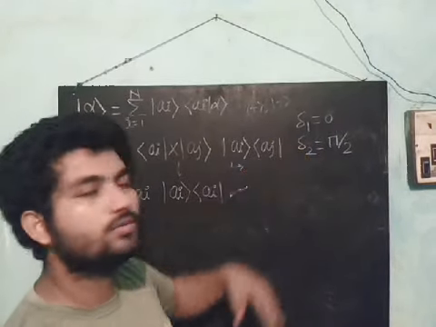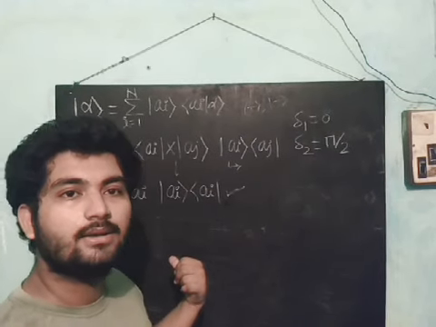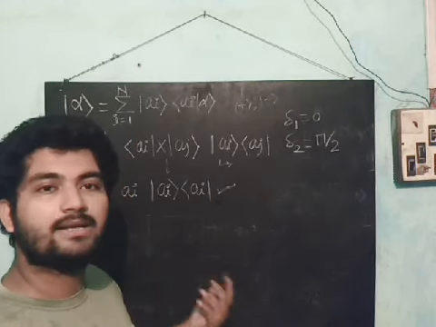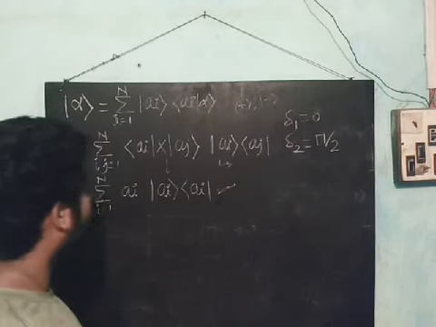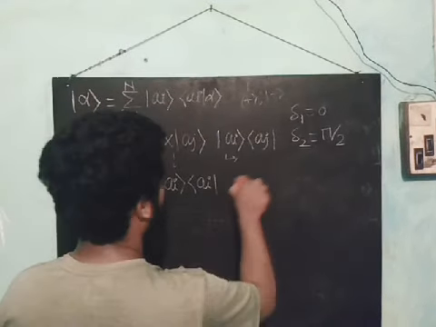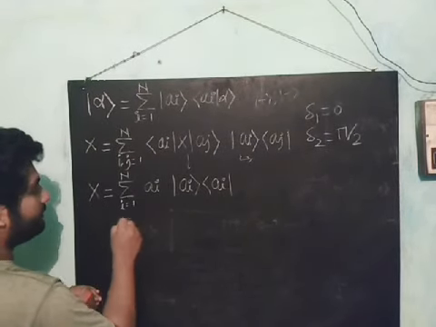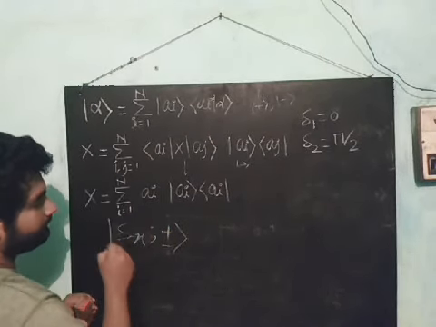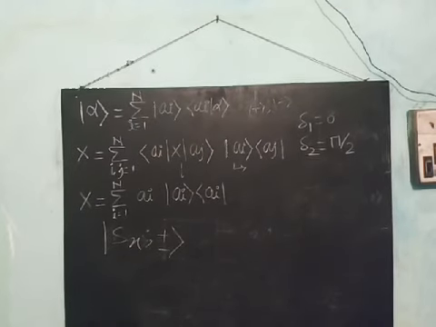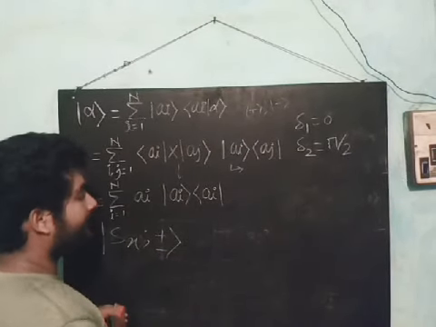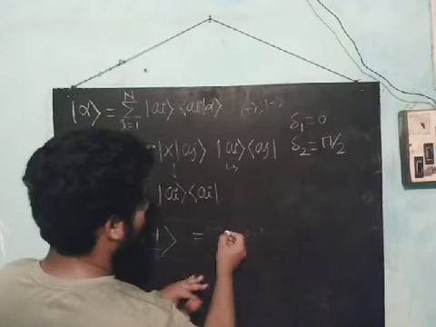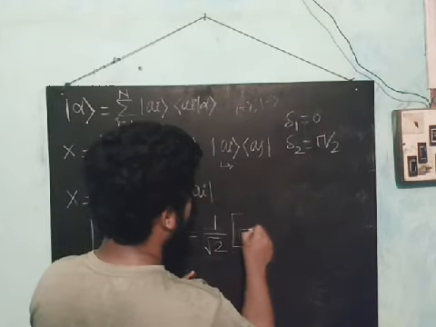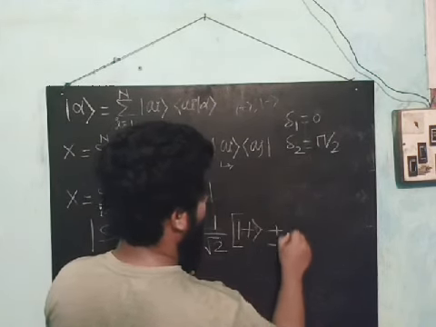If I put these two values in my equations for Sx positive and negative and Sy positive and negative, what will be the final result? Sx positive and negative will be 1 by root 2 times positive plus or minus negative.